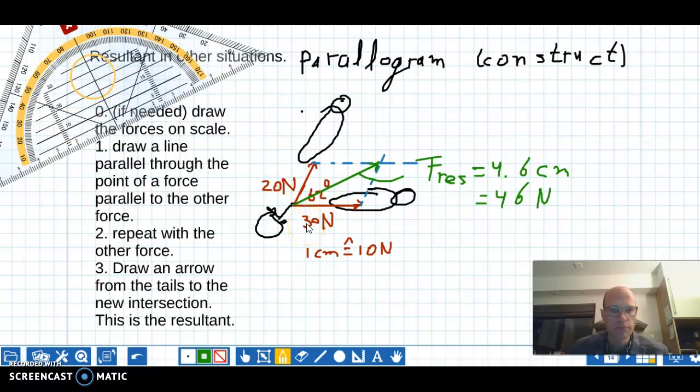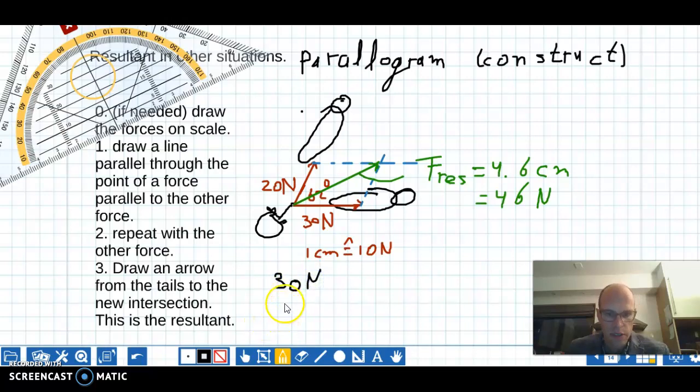Okay. What I want you to do to practice is to do this for yourself in your jotter, and I want to have two forces. Force 1 has 30 newtons as I had.